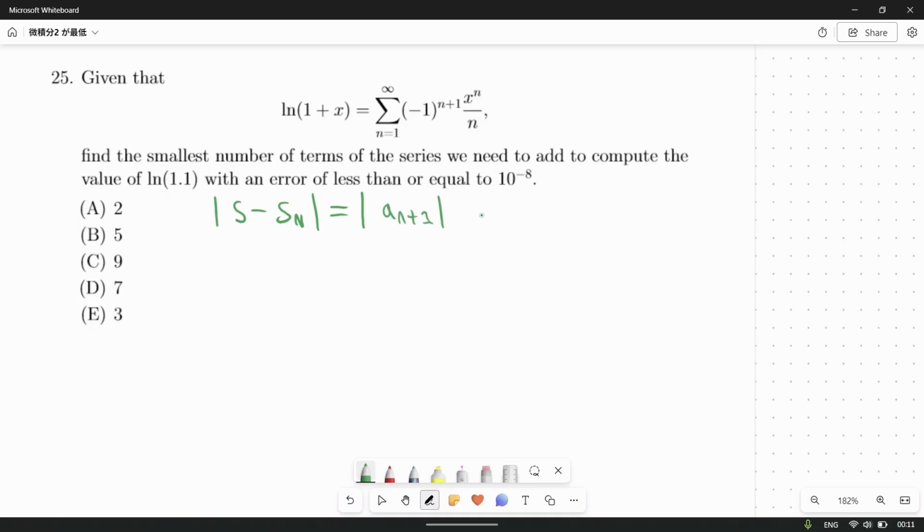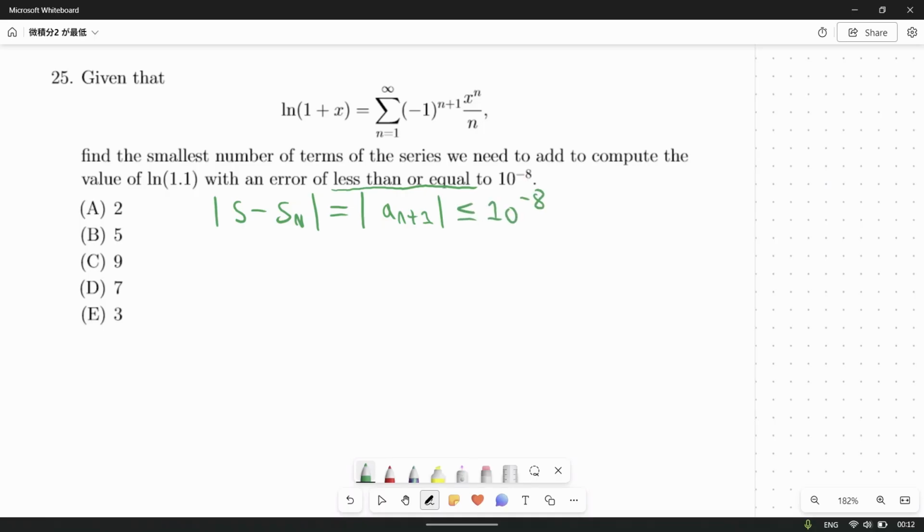And then the theorem says that this latest term is going to be less than or equal to some error threshold depending on the conditions of the problem. So in this case, it wants it to be less than or equal to some error threshold here. And so we can say that the absolute value of a sub n plus 1 would have to be less than or equal to 10 to the negative 8.